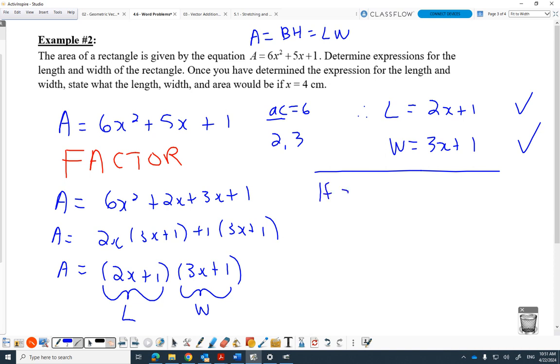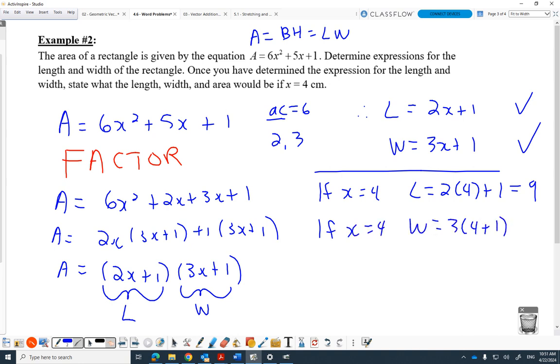If x equals 4, length equals 2 times 4 plus 1, which is 9. If x equals 4, width equals 3 times 4 plus 1, which is 13. And if x equals 4, I'm looking for two answers here.